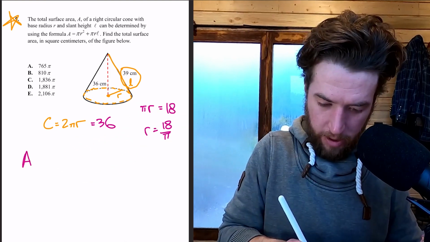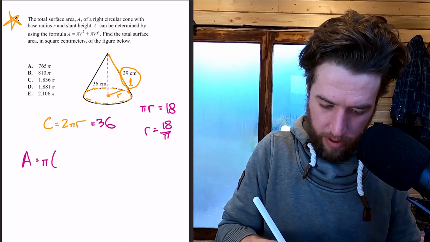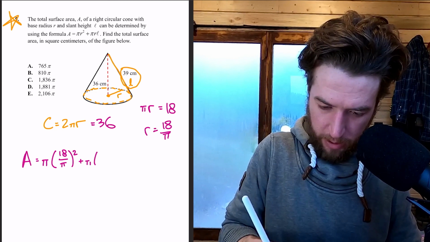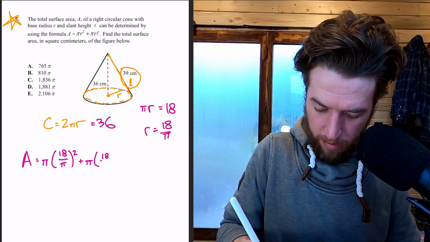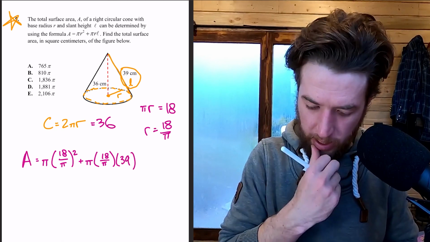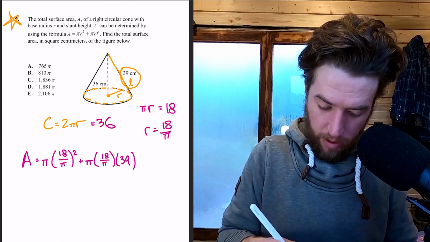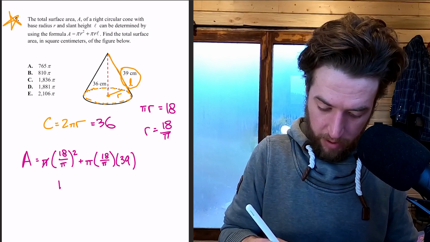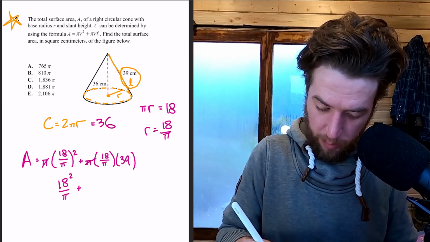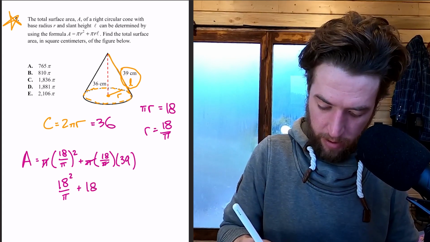So then area should equal pi times 18 over pi squared plus pi times 18 over pi times the length, which is 39. I still don't think this is right, but let's try it. So one of this pi cancels with one of these, so we get 18 squared over pi plus, and this pi cancels, so we get 18 times 39.